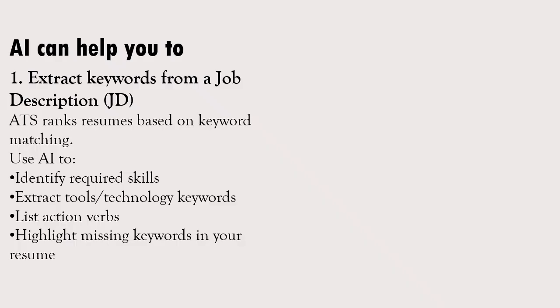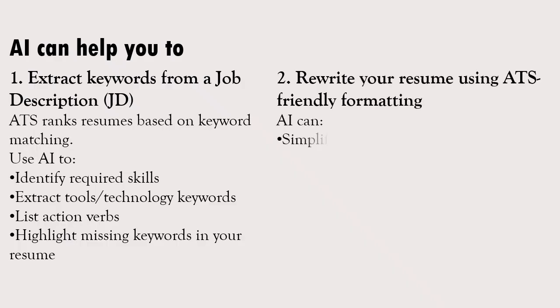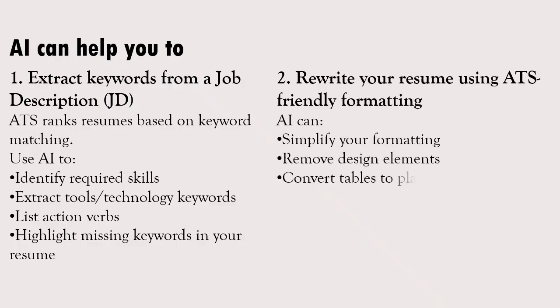AI can match the job description and your resume, and help you identify whatever you have missed, what things to be added, and what things to be removed. Then it will also help us rewrite the resume using ATS friendly formatting.